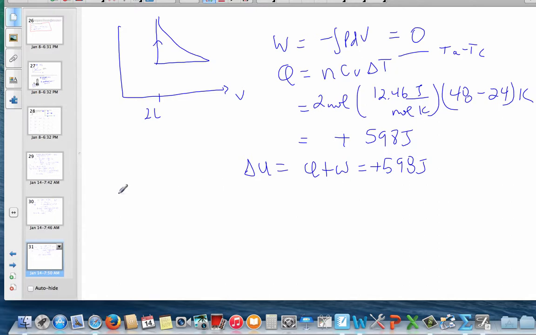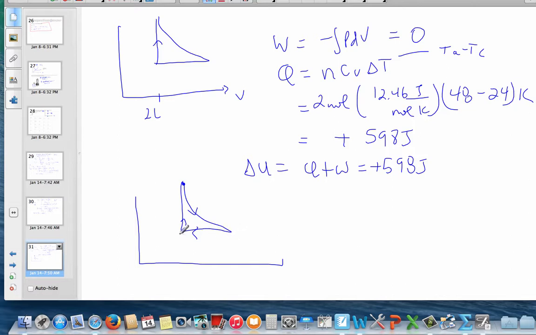So if we look at the overall process then, all 3 steps, now, clearly, we're ending up back at the same point, right? So there was no change in internal energy here, and I'm looking at the last column in the results chart.